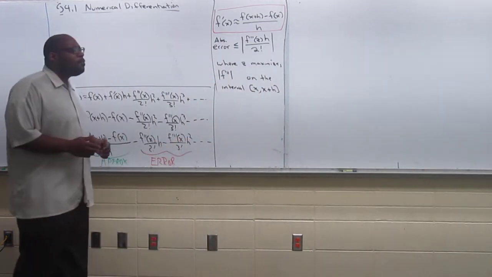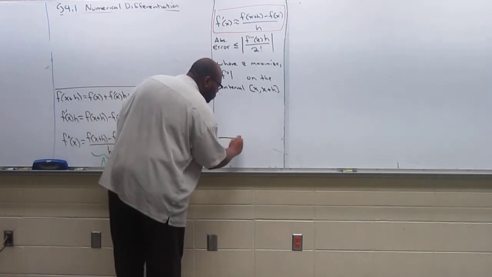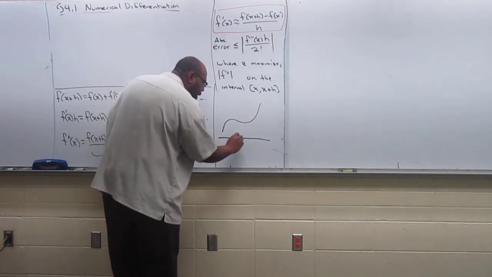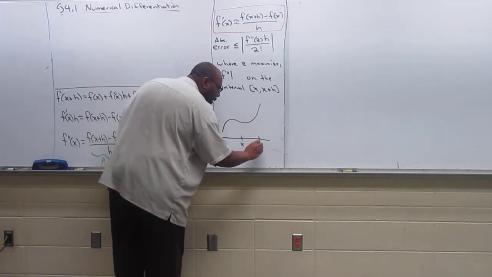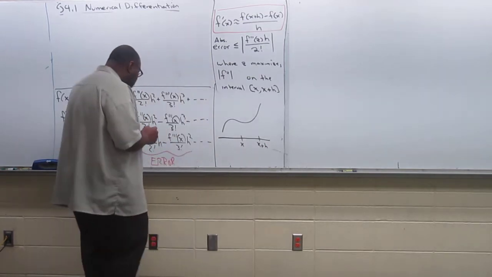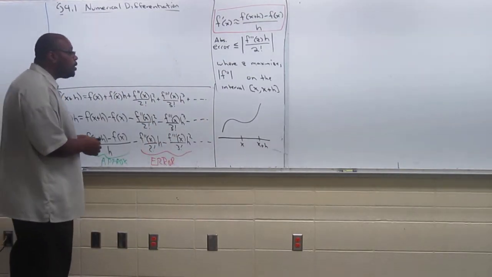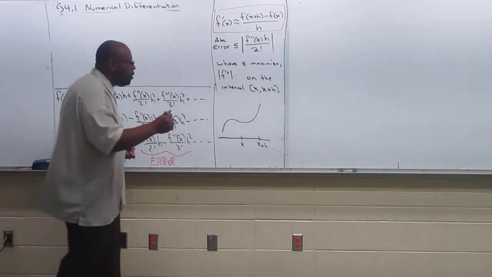And so the question becomes, here we have our function. Suppose this is my function. Here I have the value x, and I have x plus h along the x-axis. We want to approximate our derivative using these two values along the x-axis.